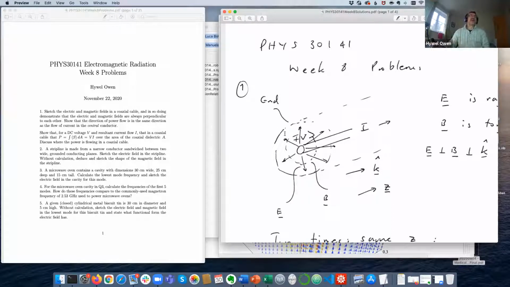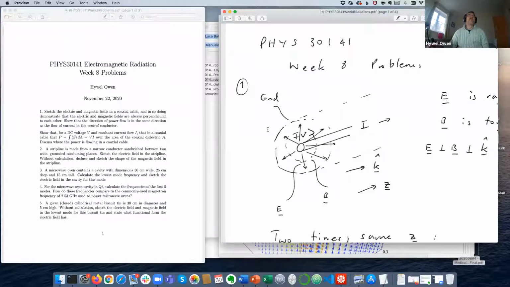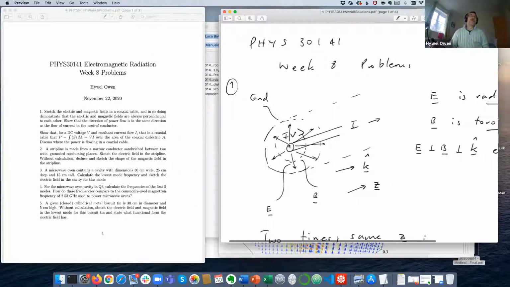We imagine this is a DC situation. I am drawing a central conductor carrying a current I in one direction, and we can consider that the ground, the earth, is carrying a current in the opposite direction. We also think about the voltages generated on the central conductor compared to the earth that surrounds it.